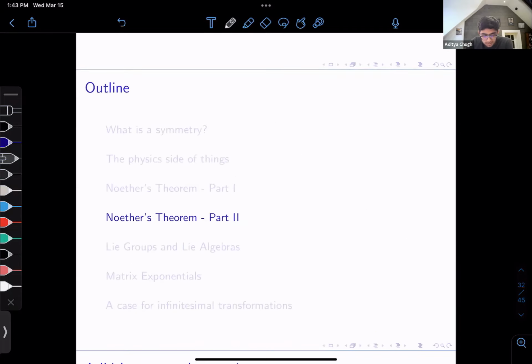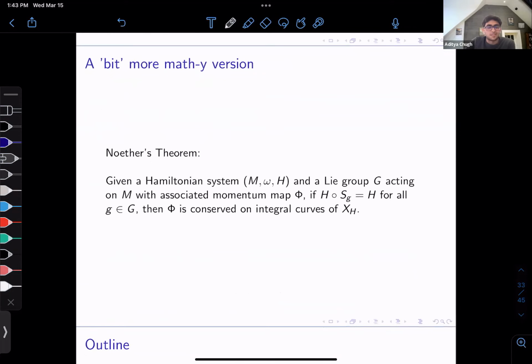And then the second part of Noether's theorem, which is a bit more mathy, is this definition, which is quite complicated, I would agree. And if you see this and feel that it is quite a lot, in this talk we won't analyze this entire thing.